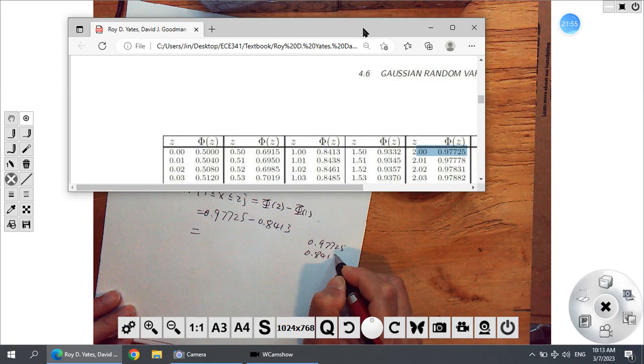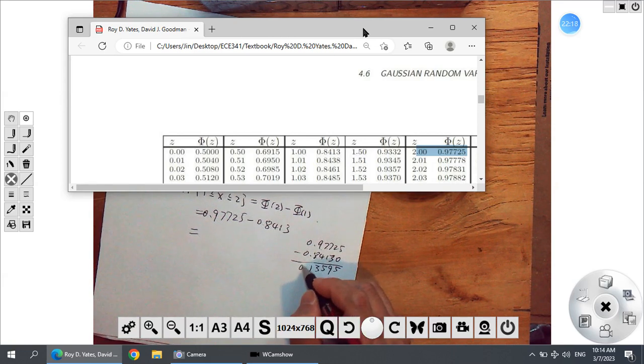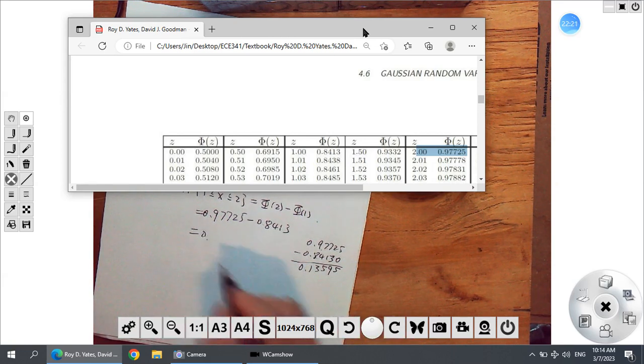Subtracting, I got 0.13595. Alright, we got it.